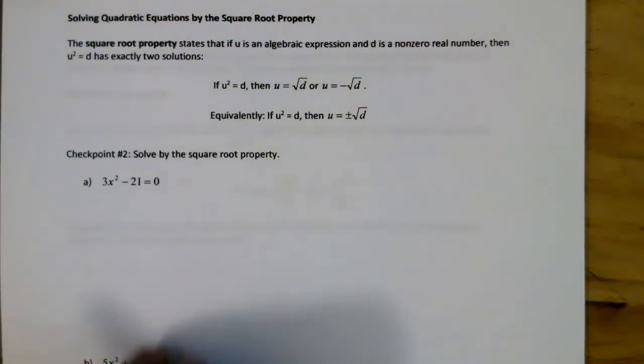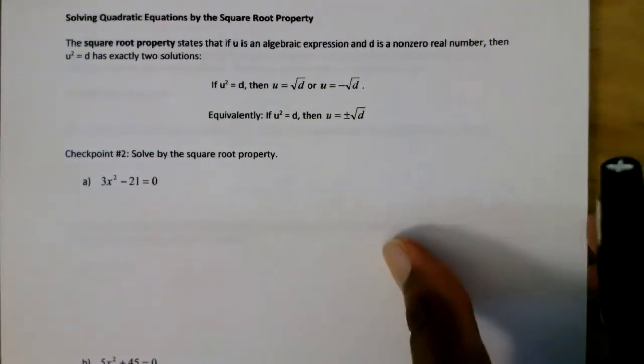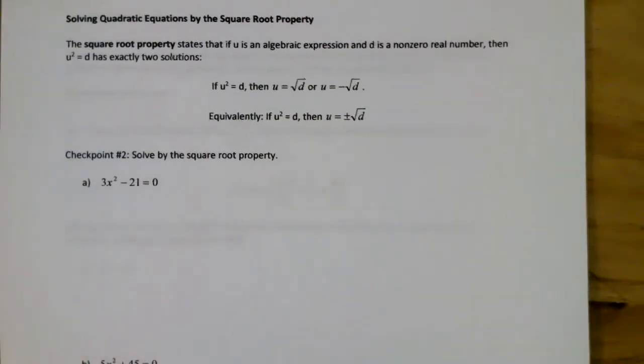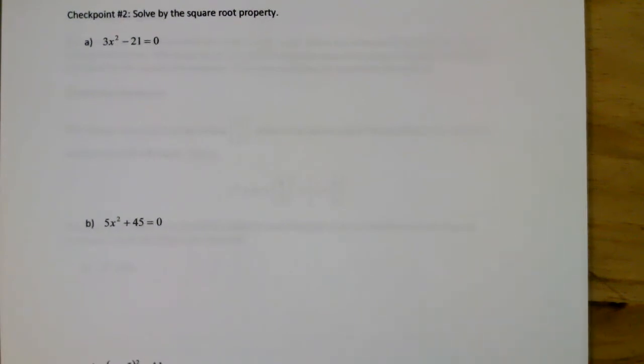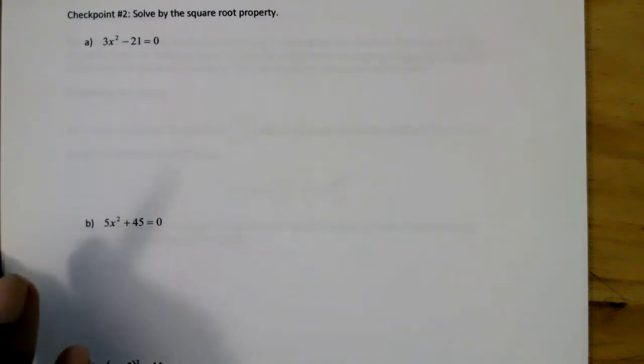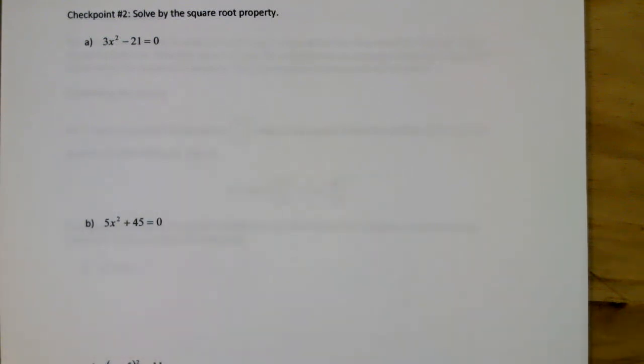So in this example here, there are three parts. In each part, you're going to solve by the square root property. Like 3x squared minus 21 equal to 0. What we're going to try to do is get x squared by itself and then take the square root on both sides.